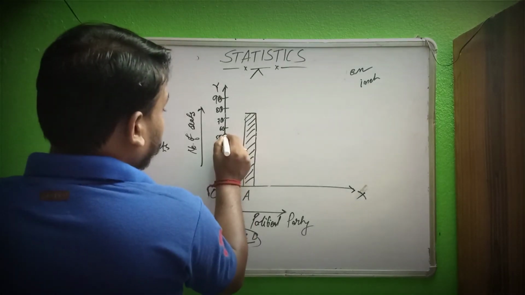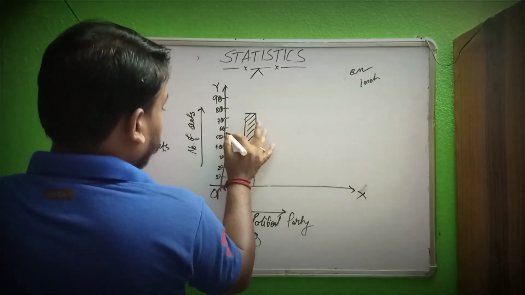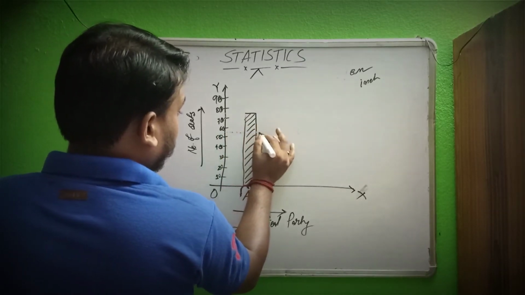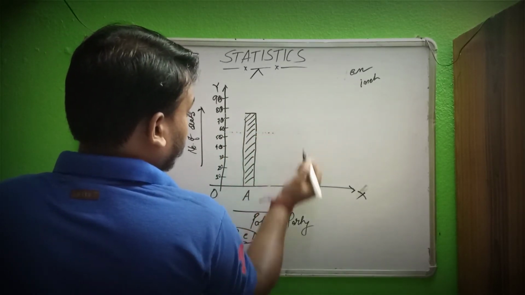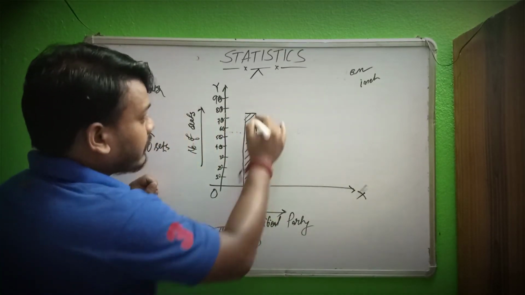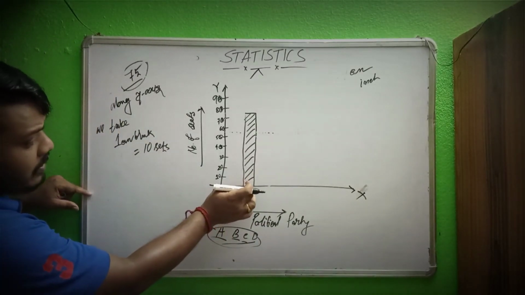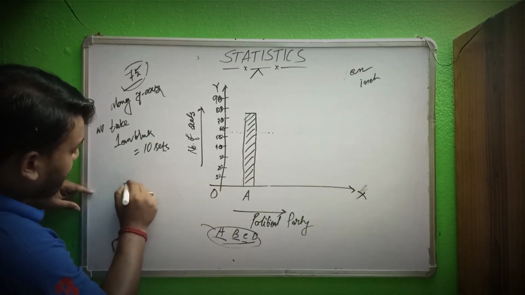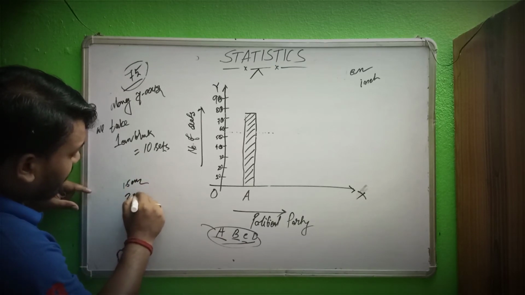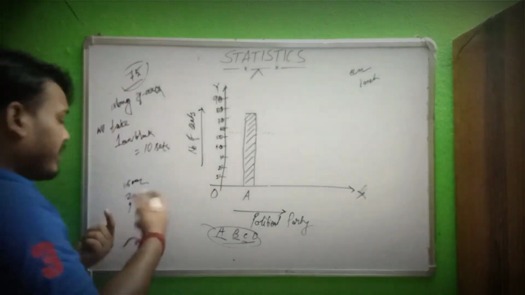So here 50, after 5, the midpoint of this. So 55, like this. So if I take the width of the bar 1.5 centimeter or 2 centimeter or 1 centimeter, as you wish, each bar you will take with the same width.